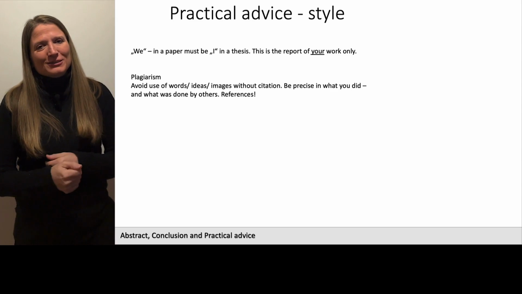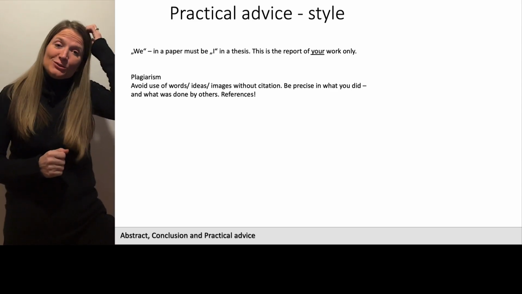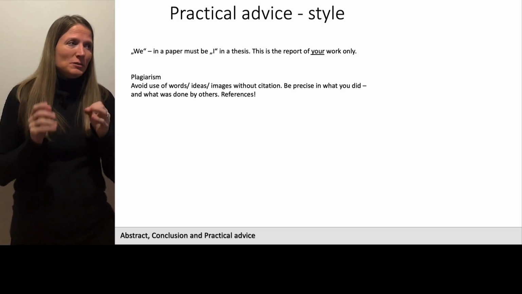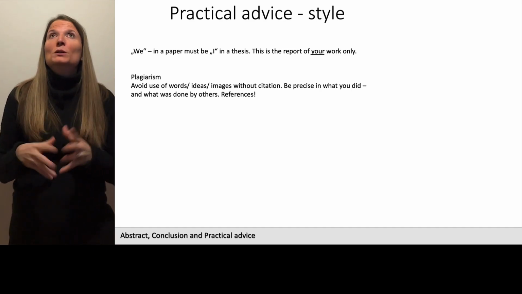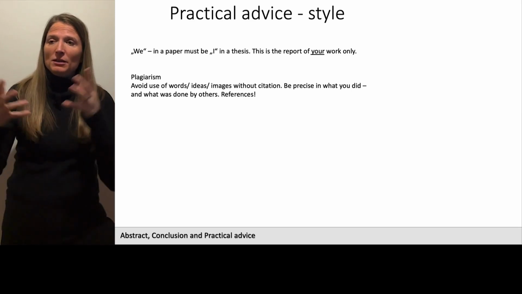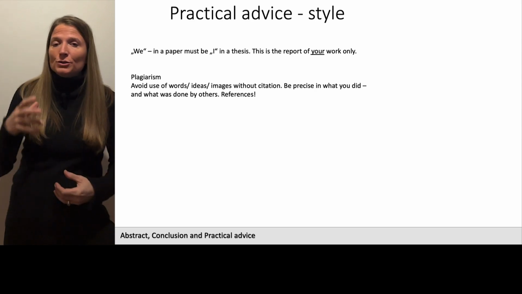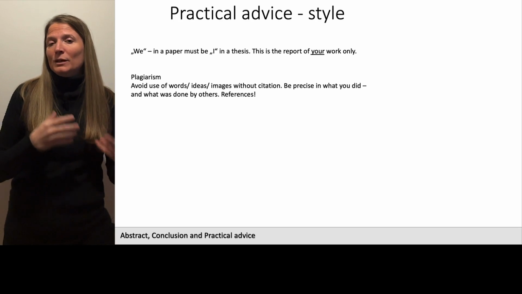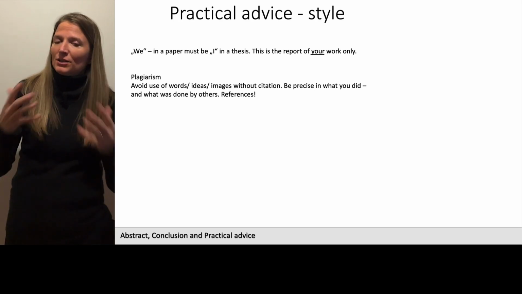With this, I have to mention plagiarism. Avoid the use of words or ideas or images without citation. Be precise in what you did and what others did. For example, if you say you used a particular method that may be more complicated and you used somebody's help to do this, I don't know, doing electron microscopy, you may have prepared the sample and you may have accompanied somebody with the whole process, but not did this all alone.